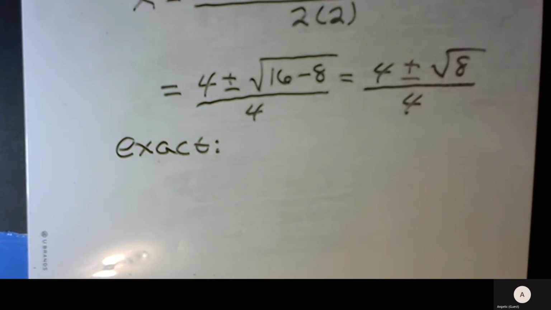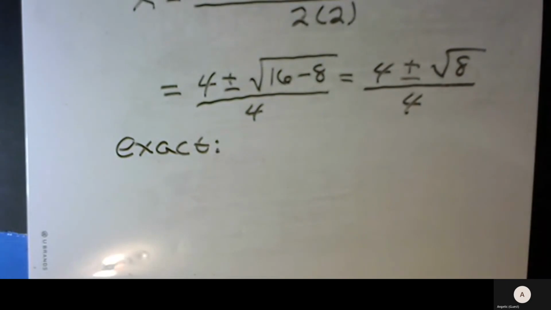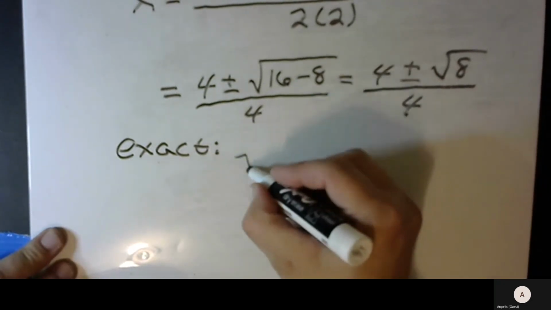And you can either round those off for an approximate answer, or you can keep them as exact. We're going to do the exact first. Now I'm going to show you an idea.